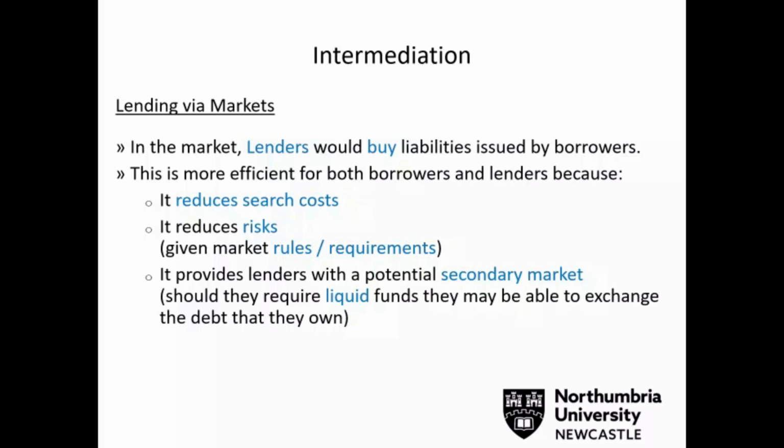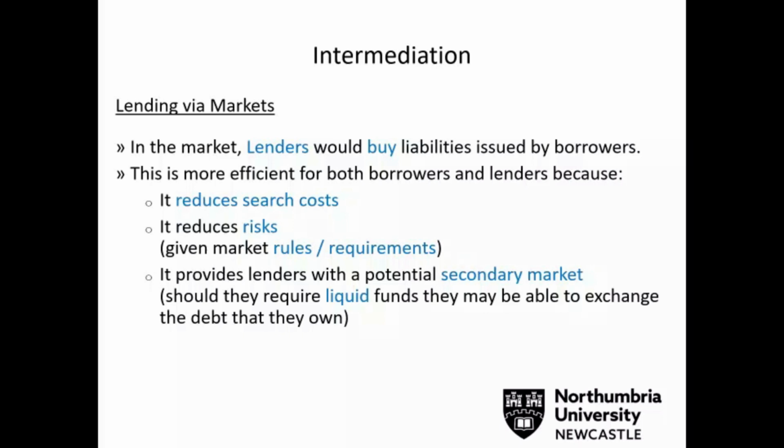So this would be a concept where an ultimate borrower may issue a bond which the surplus lender will buy off them, so the ultimate borrower receives the cash they need, and the person that had the surplus will then have a product or an income stream from the ultimate borrower.